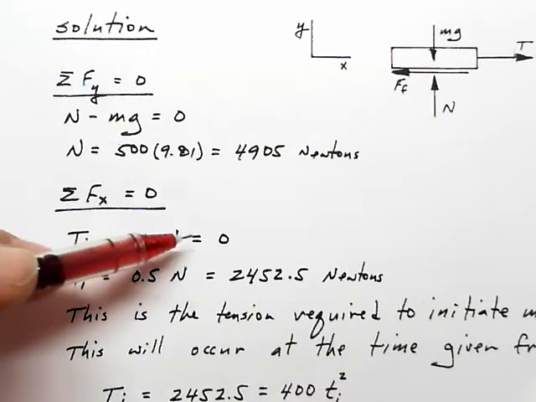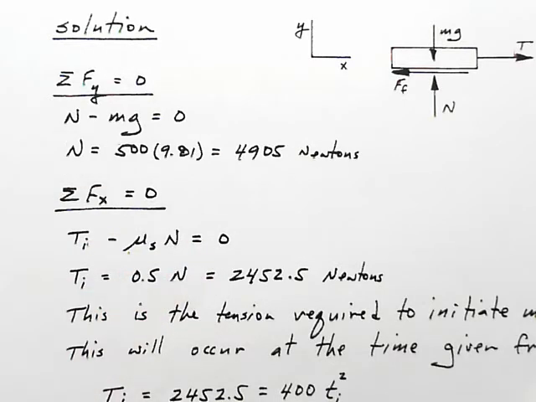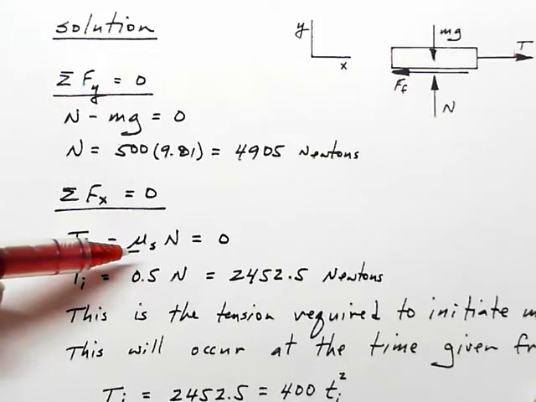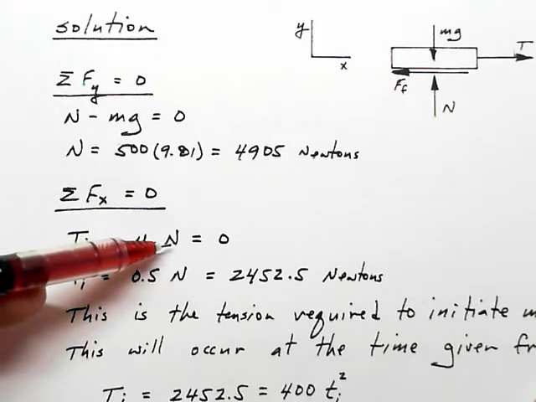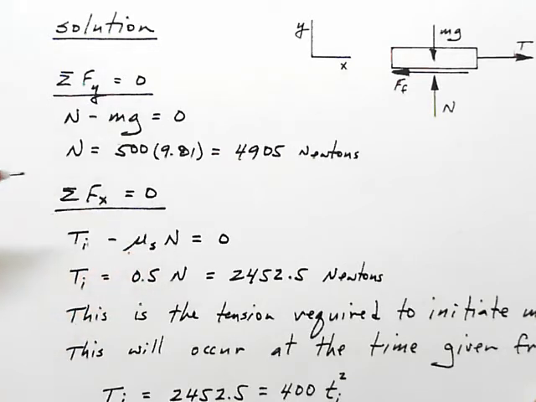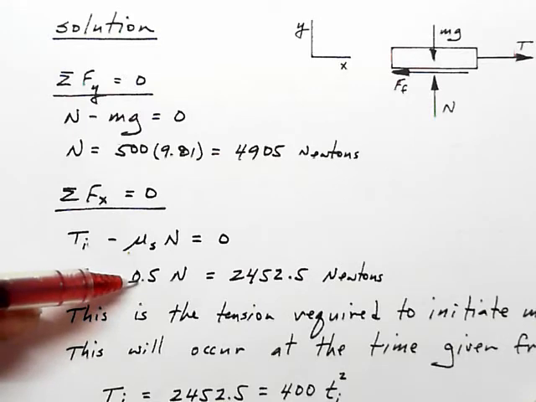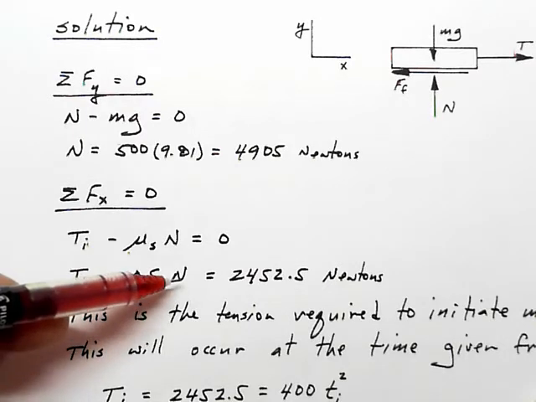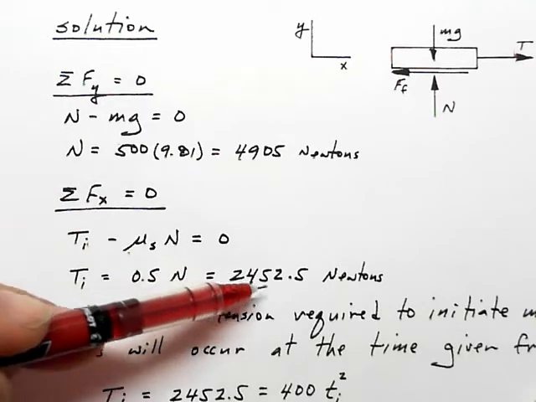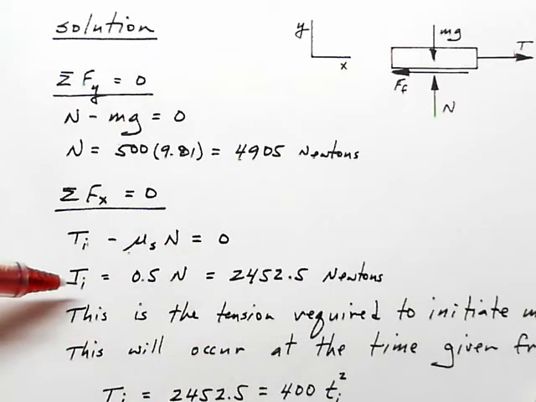T sub I minus mu static times N is equal to 0 because we have not quite started moving. We're about to move at this point. We know mu static, and we've already solved for N, so our initial tension is 0.5 times N of 4905, or 2452.5 newtons, the tension we have to have in the rope before we can begin moving.